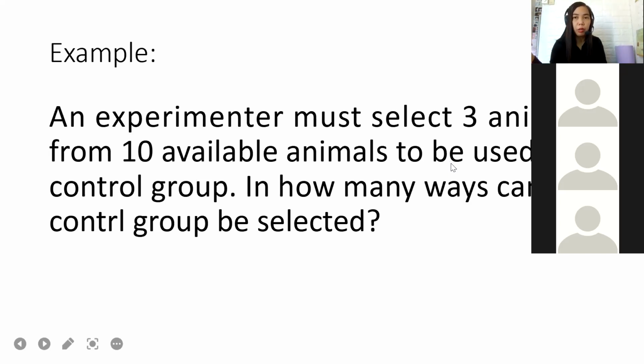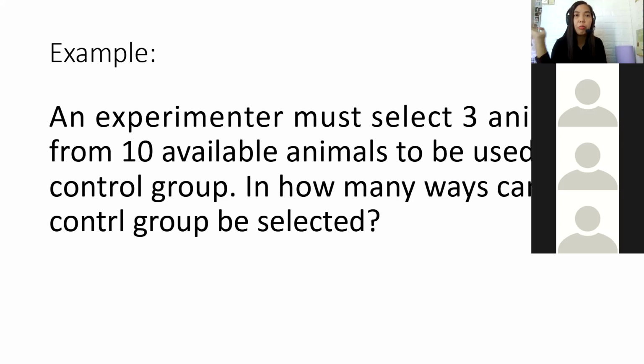Order doesn't matter. Unlike sa permutation, kailangan sino ang nauuna. Pag nagamit mo na siya sa una, hindi mo na pwedeng gamitin sa susunod. Meron tayong first, second, third, or merong ranking, may orders. Meron tayong president, vice president, secretary.